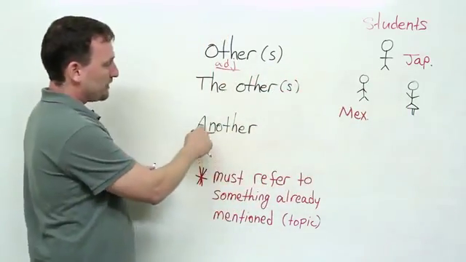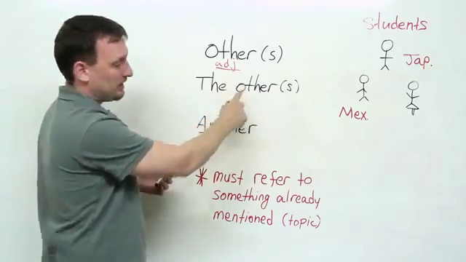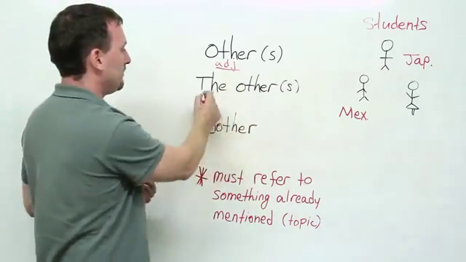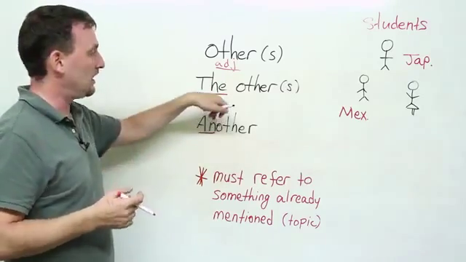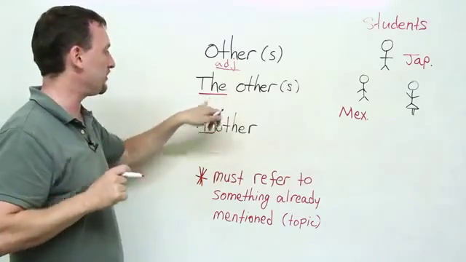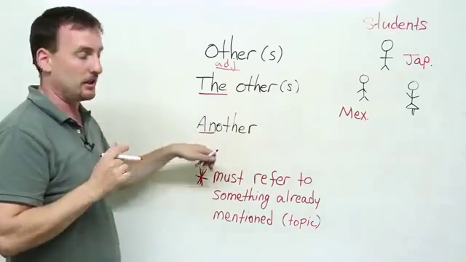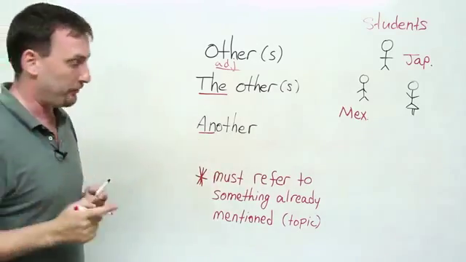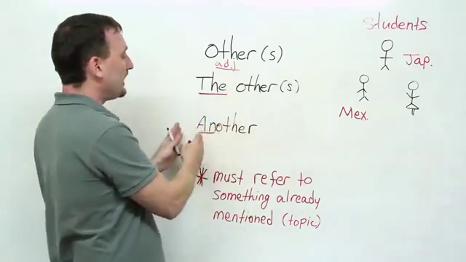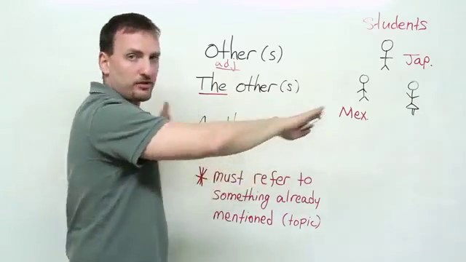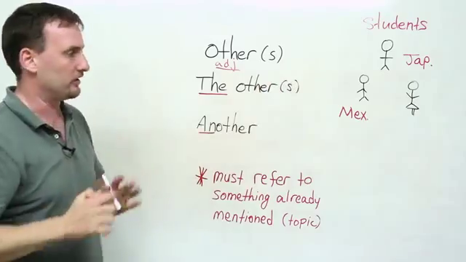Okay? Remember, the difference between the other and another is the same as the difference between the and an. Specific other, any other. The difference is, very important to remember, this is always together, one word. You don't write an other. You don't separate. Always together.